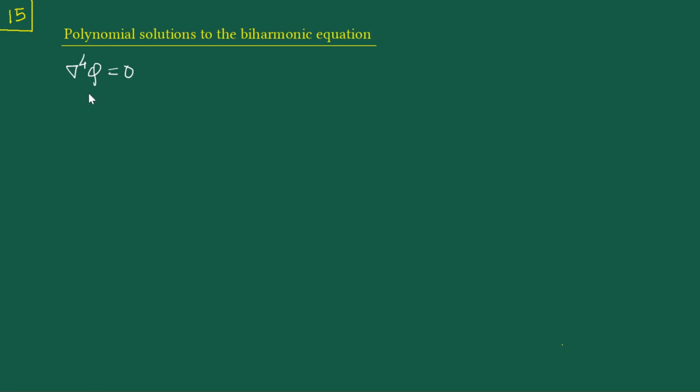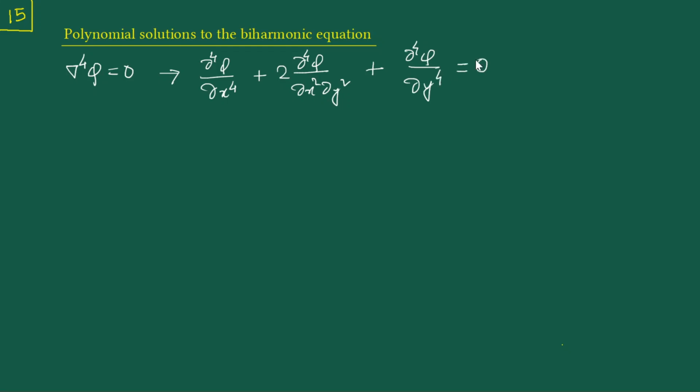Okay, but now we'll be only interested in the rectangular Cartesian coordinate system. So what we are basically looking at here is this equation: del 4 phi del x4 plus twice del 4 phi del x squared del y squared plus del 4 phi del y4 equal to 0. Okay.